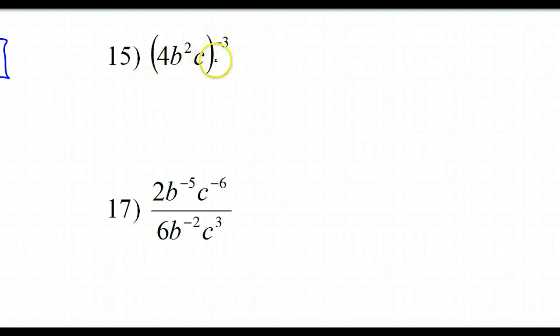Okay. There are a lot of different ways to do this problem. Here's one way. If I do this power to everything, the trickiest thing is what to do with the 4. But this is what I would do if I were you. For a moment, I'm just going to write this as 4 to the negative 3 power. I'm just going to take this negative 3 and stick it on the 4.